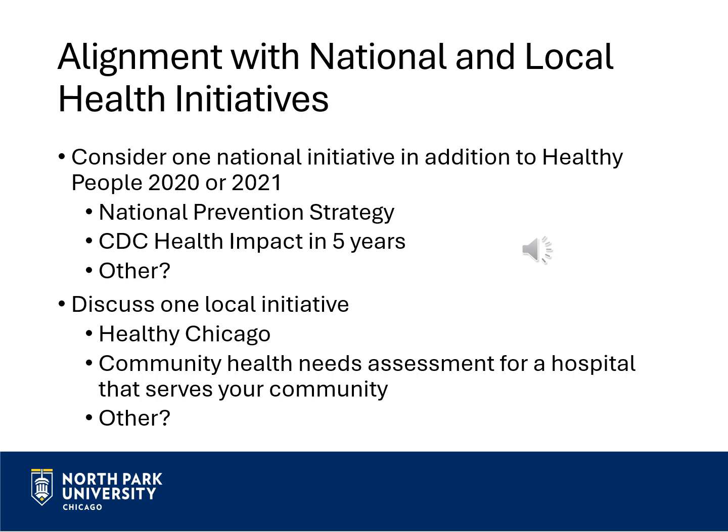Also talk about one local initiative. Now you probably won't find something like what is West Ridge, Chicago doing about diabetes. My point is that you could look for a local hospital, or you could consider what Chicago as a whole is doing by looking at the Healthy Chicago initiatives, which are similar to Healthy People 2020.